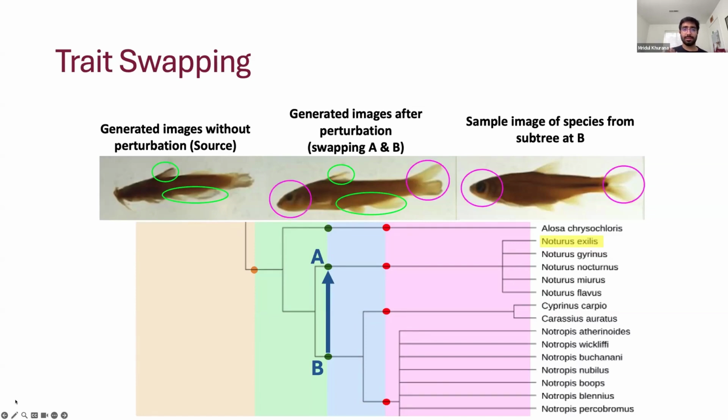But we also see some new traits that have been picked from the species at the right, like the head shape and the absence of the barbels or the whiskers on the face.